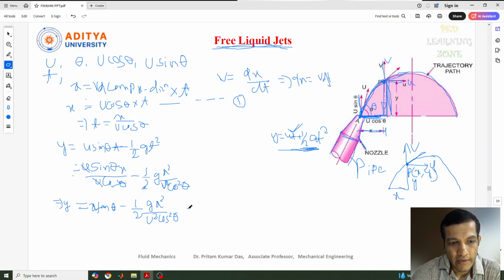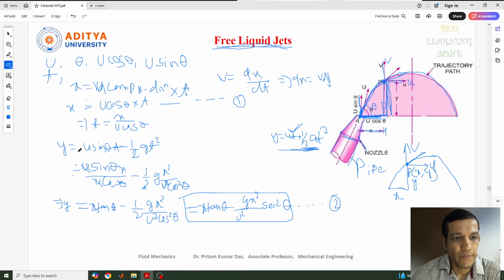Again, if you want to change it, we can write x tan theta minus g x square by 2 u square, here it is sec square theta. So that is nothing but 1 by cos square theta equal to sec square theta, we know. So this one we can give equation 2. This is equation 2.